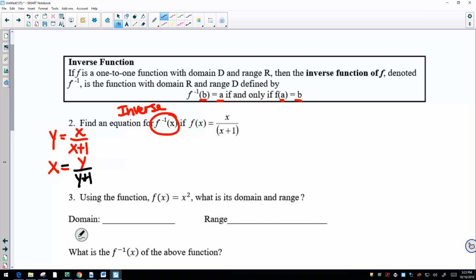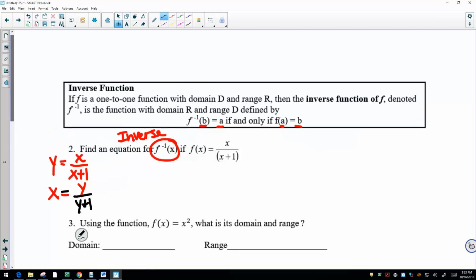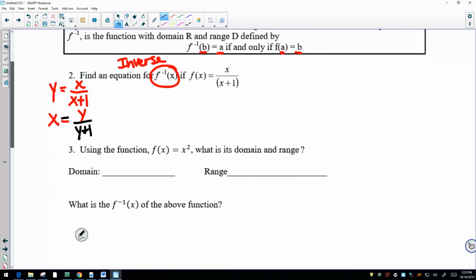Okay, at this point, the key thing you want to say to yourself is solve for y. So if I were to write down steps, maybe what I would say is 1, switch the x and y, and then 2, solve for y. So that's something we want to keep in mind here. Switch the x and y, then solve for y.